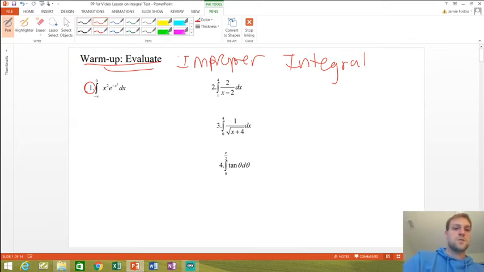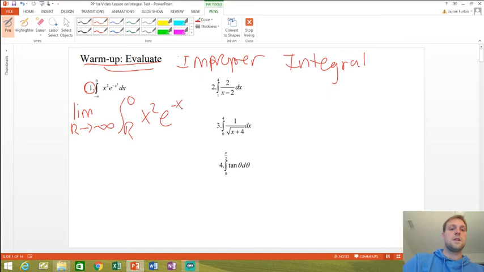So for instance, this one is negative infinity to 0 in number one. You would set this up as the limit, and we use the letter r as a replacement for our bounds. We would say r is approaching negative infinity in this case, because that's the one bound that's not defined. And we would say r to 0 of x squared e to the negative x cubed dx. Then we go through the motions and solve that. In our problems today, we're going to have to be doing that, so we'll practice it there. But most of these are completed online if you want to try those out.